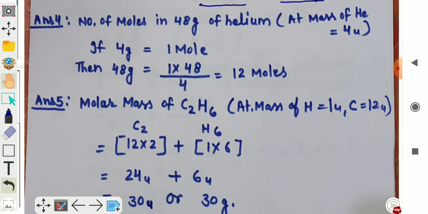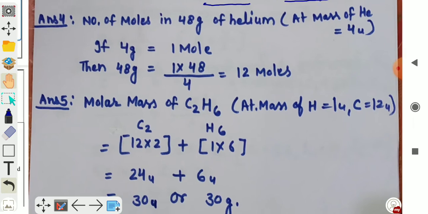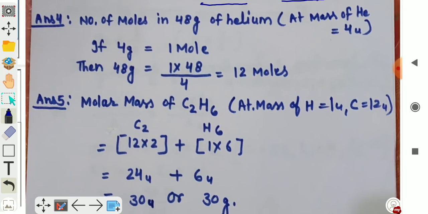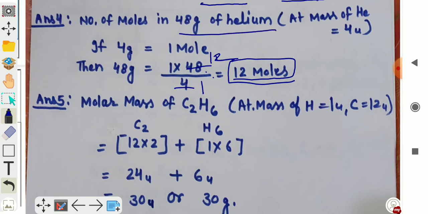You have to take down 1 as it is. Put this 48 into multiplication of 1 and this 4 in the denominator. So you will get 12 moles. How? 4 1s are 4, 4 1s are 4, 4 2s are 8. So 12 moles are present in 48 gram of helium.